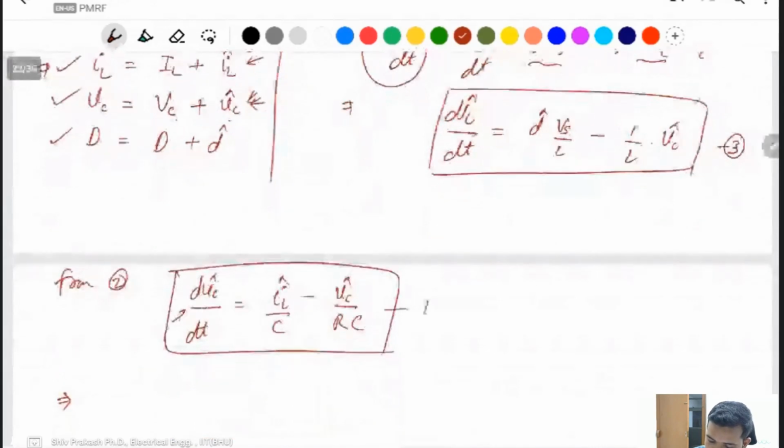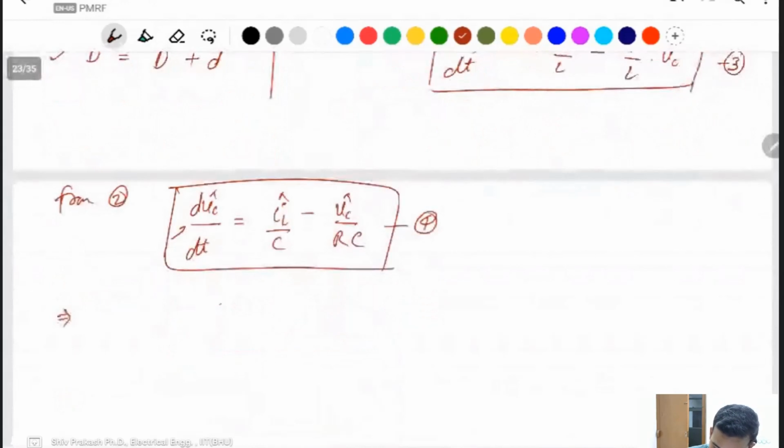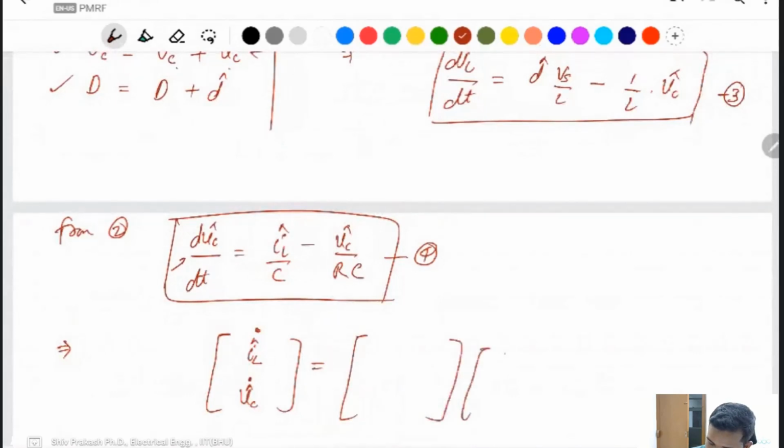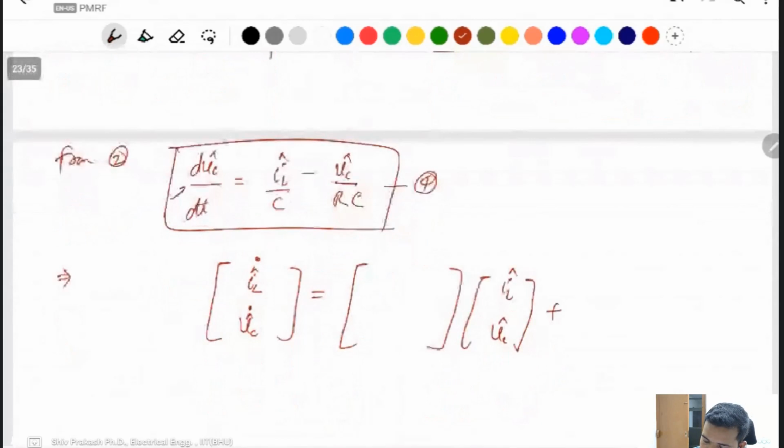From the two equations, you can write the state space representation, IL cap dot and VC cap dot, in terms of IL cap, VC cap and the control input of the converter.